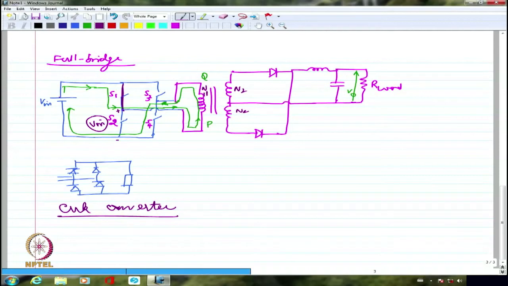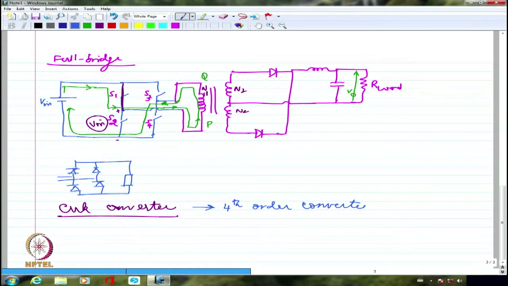So let us try to take a look at this converter. This actually is generally known as a fourth order converter. Whereas many of the other converters so far, whatever we have discussed, like buck or boost or buck boost, have only one inductance and one capacitor.